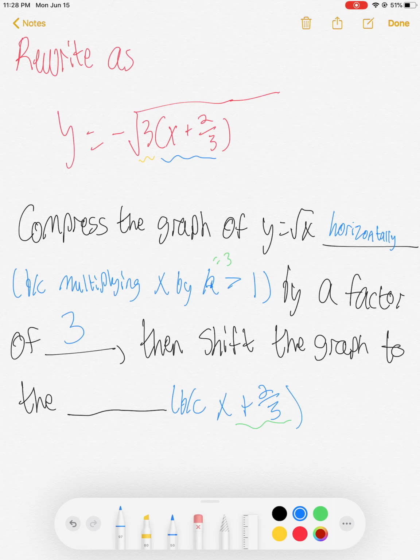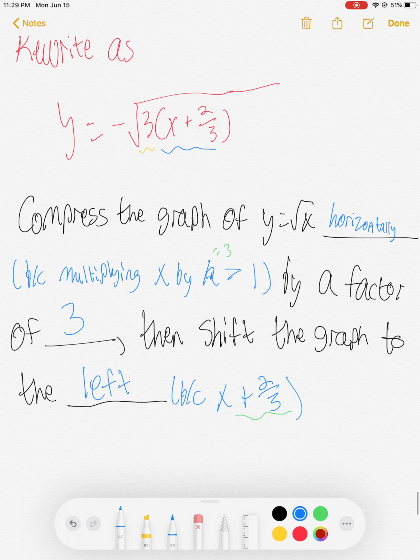This is that weird thing where, since I have x plus 2/3, it's really this plus 2/3 that's important. It's this funny thing where plus 2/3, you would think we're moving further in the positive x direction, but actually we're shifting it to the left. We're moving more negative to the left.